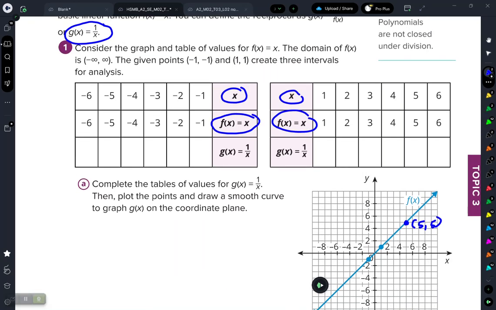For negative 6, it's going to be 1 over negative 6, or negative 1/6. This will be negative 1/5, negative 1/4, negative 1/3, negative 1/2, negative 1 over 1, or just negative 1.